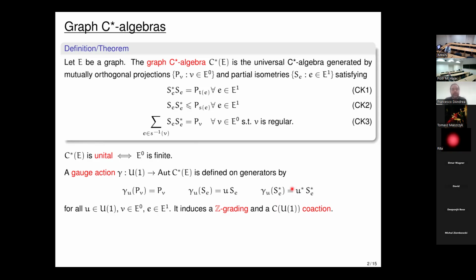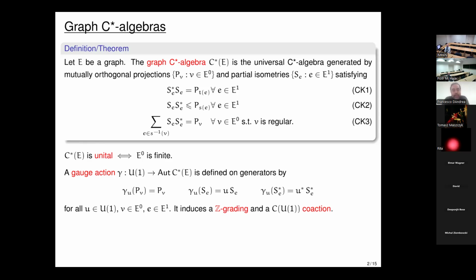So in particular, this means that if you consider the Z grading associated to this U1 action, projections have degree 0, the partial isometries SE have degree 1, and SE star has degree -1. And this defines your Z grading on the graph C-star algebra.